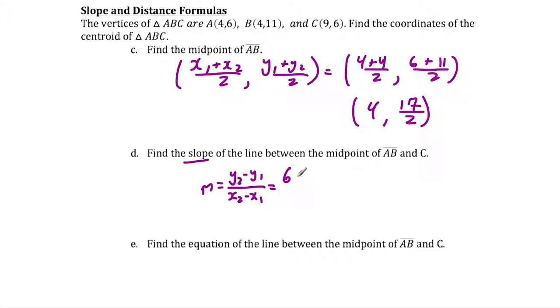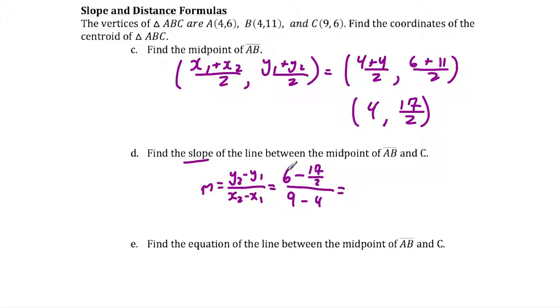So 6 minus the midpoint of AB, 17 over 2, over the change in the x's, so 4 minus... we should write this in the same order. So if 6 corresponds to C, we should have 9 corresponding first.